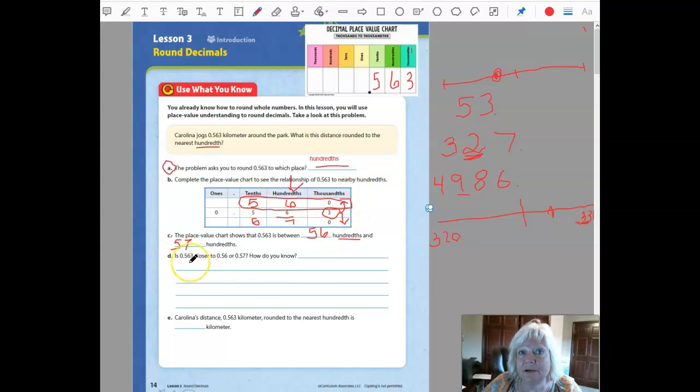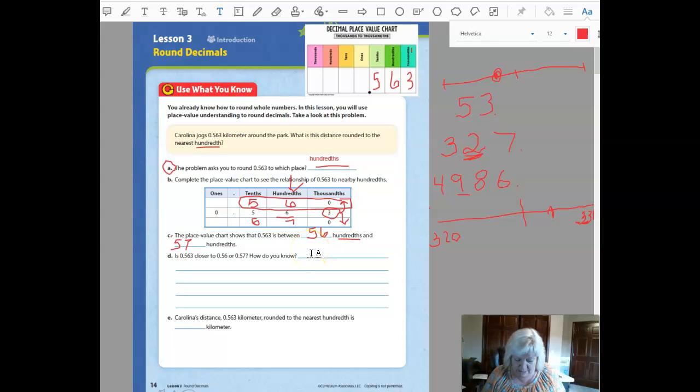So is 563 thousandths closer to 56 hundredths or 57? You have to actually answer that question. I see 2 question marks. That means you're going to answer 2 questions. So let's put it is closer to 56 hundredths. I put it right there. And I'm going to write because. Because means I'm going to start explaining it.